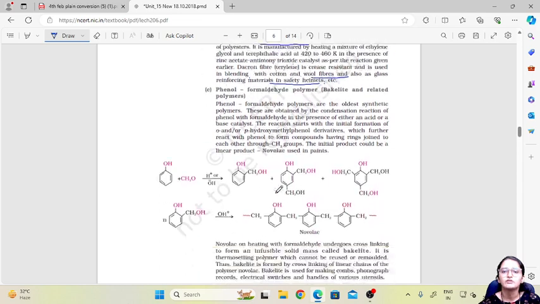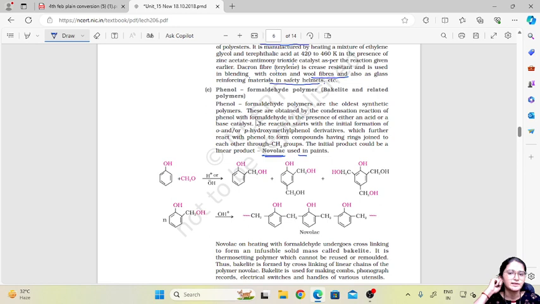Then next we have phenol formaldehyde polymer, and in that we have bakelite and related polymers. It is the oldest synthetic polymer and is obtained by condensation reaction of phenol with formaldehyde in the presence of an acid or a base catalyst. Then the initial product, that is the linear product, is Novolac, which is used in paints.